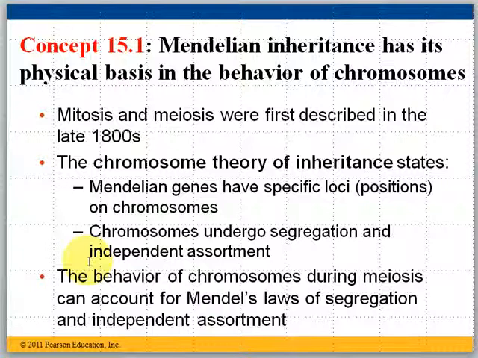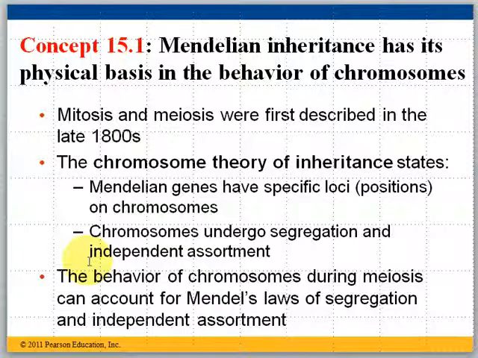Mitosis and meiosis were first described in the late 1800s, but like we said, these were just basically ideas. They couldn't physically point to where this was happening. The chromosome theory of inheritance states that Mendelian genes have specific loci, or positions, on chromosomes, and chromosomes undergo segregation and independent assortment. Remember, we talked about those two ideas that Mendel described, called segregation and independent assortment, and now we know that the behavior of the chromosomes during meiosis can account for these ideas or these laws, and we can actually see it happen.